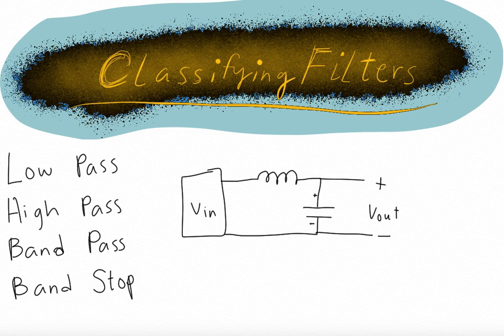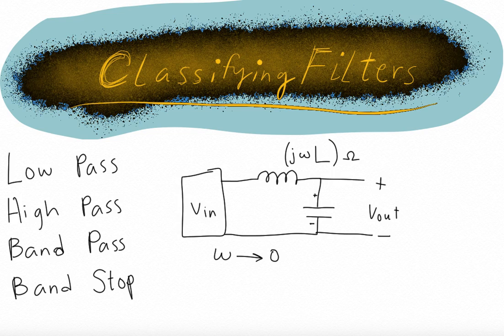So what happens here? Let's shoot in low frequency, so frequency as it approaches 0. The impedance of an inductor is j omega L, and the units of impedance are ohms. When omega approaches 0, we have 0 ohms, so this is basically a shorted wire, so it's passing through.